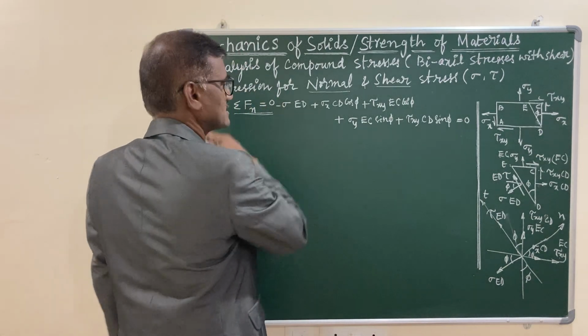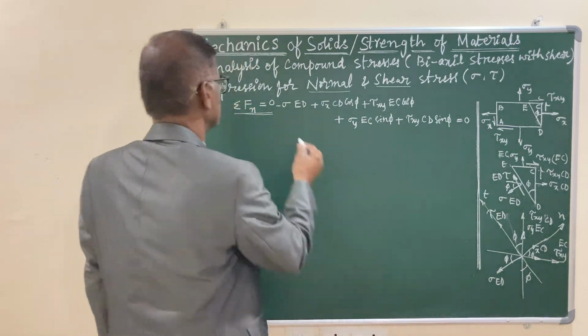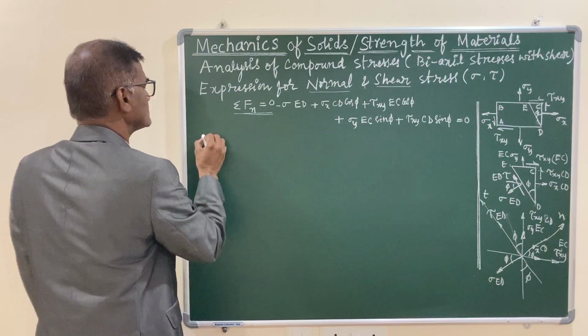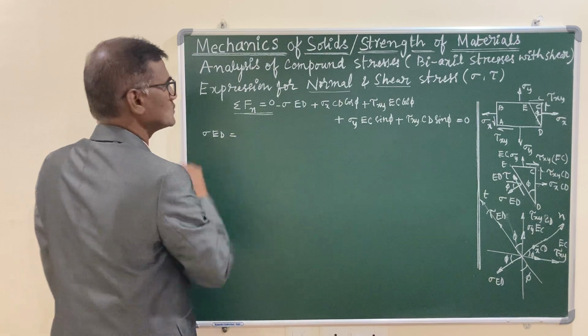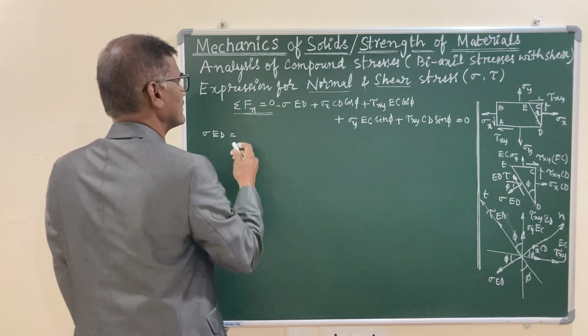Let me keep this sigma on the left hand side, and let us take all the other terms to the right hand side. Let me write in detail. Now this becomes positive sigma into ED is equal to, let me take the other side, all are positive. I have taken this to the left hand side.